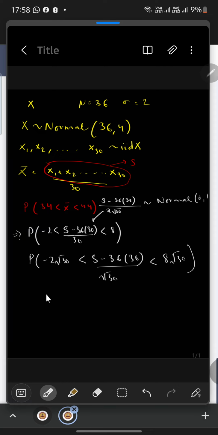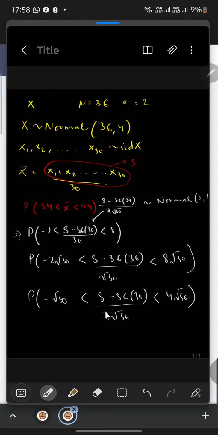After this we will divide it by 2, so we can write probability, minus 2 will be cancelled out, so it would be root 30, s minus 36 by 30 upon 2 root 30, and this would be 4 root 30, right?